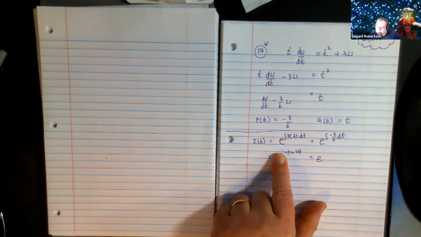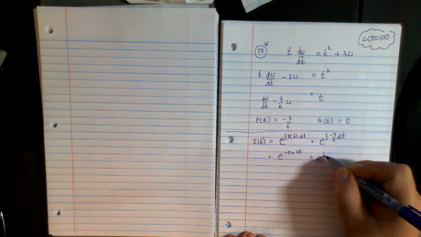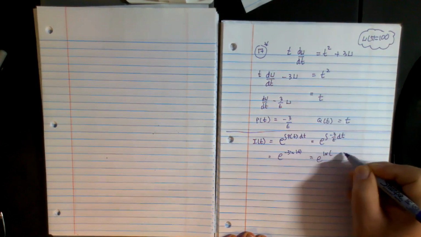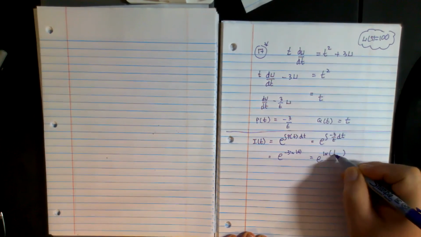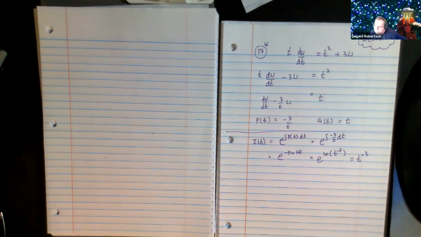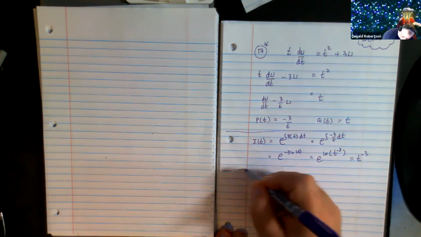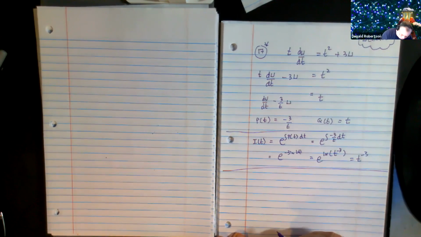It's going to be changed into something. Would it be ln of t to the negative third? Correct. And won't these two cancel out and you'll be left with that guy? So that's basically step 2 done.